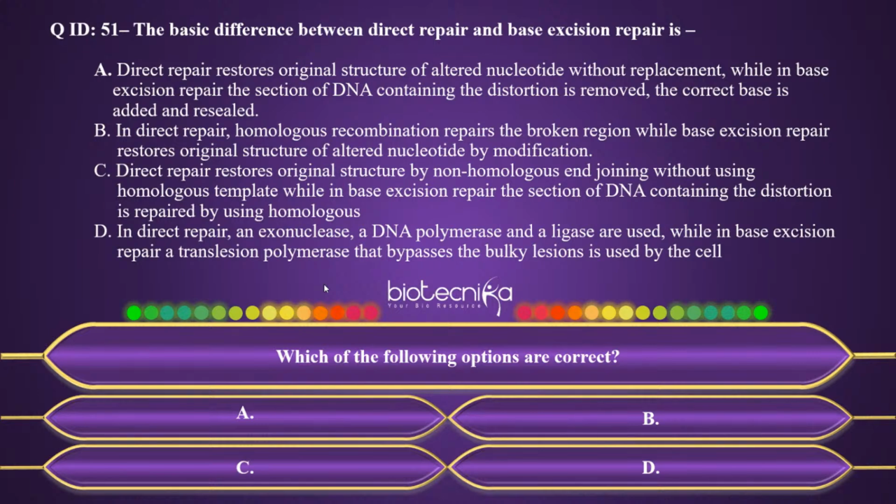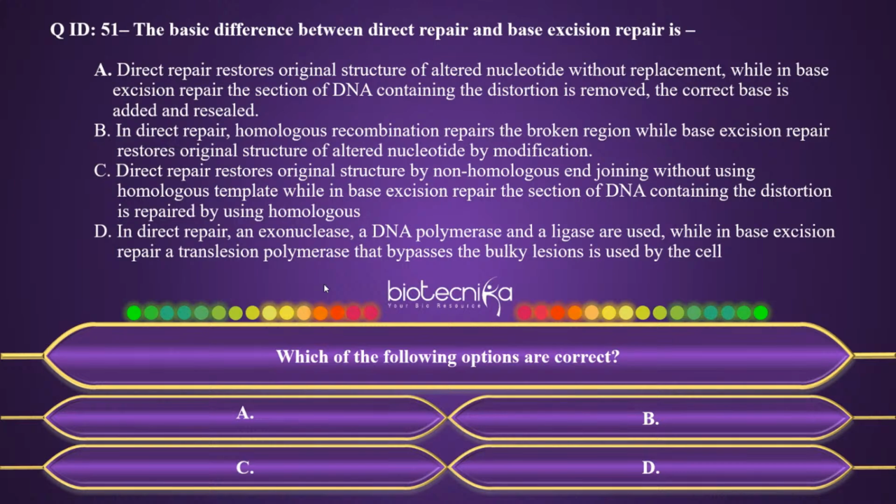Coming to option C, it says that the direct repair restores original structure by non-homologous end joining without using the homologous template, while in base excision repair, the section of the DNA containing the distortion is repaired by using the homologous template. This option is also not correct, because direct repair is not linked to non-homologous or homologous repair systems, and base excision repair is also not involved there.